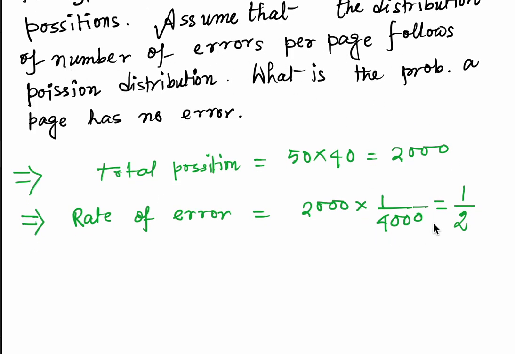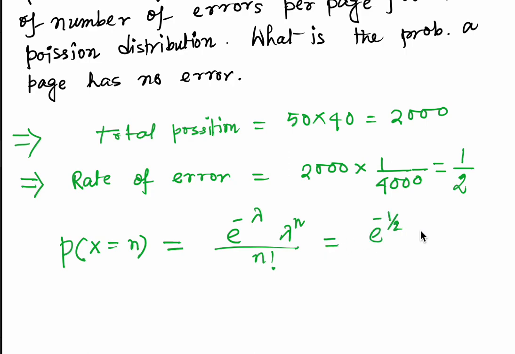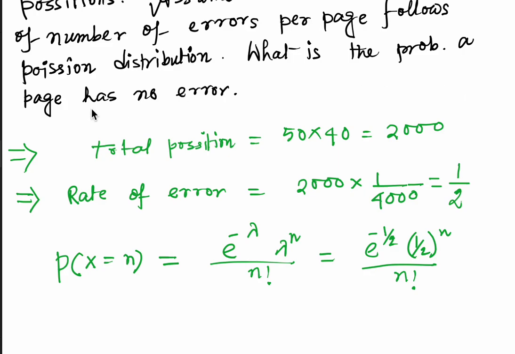So this is the rate, and we assume that the distribution of the errors follows the Poisson distribution. That means if a certain page has n errors, the probability is e to the power minus lambda, lambda to the power n by n factorial. Here lambda is half, so e to the power minus half, half to the power n by n factorial. So what is the probability a page has no error?